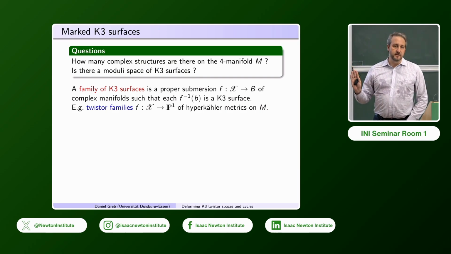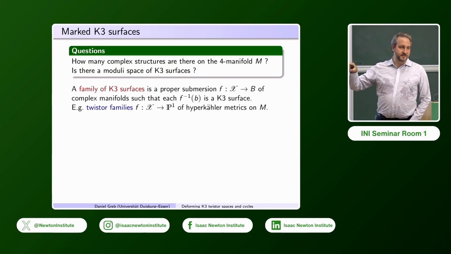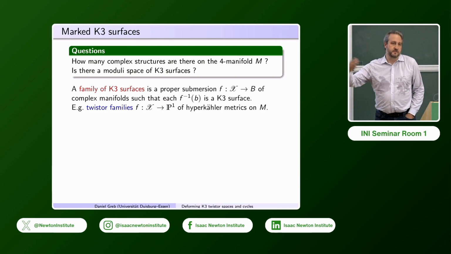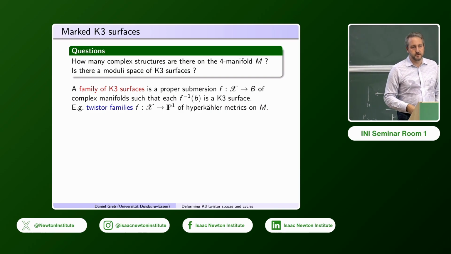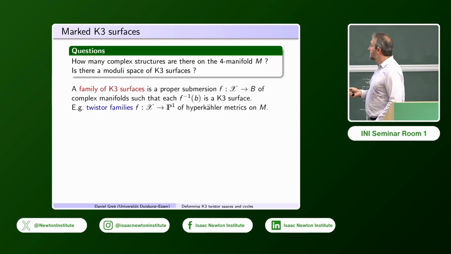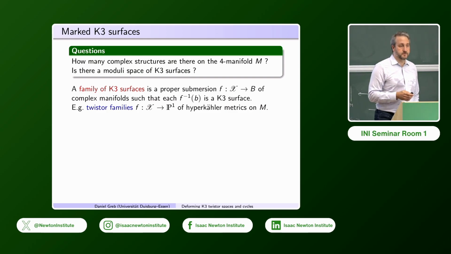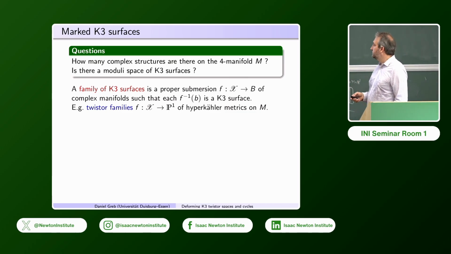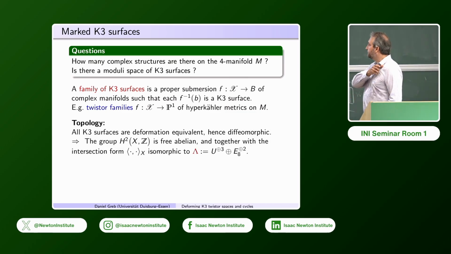These are exactly the K3 surfaces that you get if you take (M, N), I'm running out of letters, where N is one of the complex structures in the two-sphere of g-parallel complex structures. That's the twistor family, and it's very rare that you have a family over a compact base. That's usually hard to construct, and that's why complex geometers like the twistor construction.